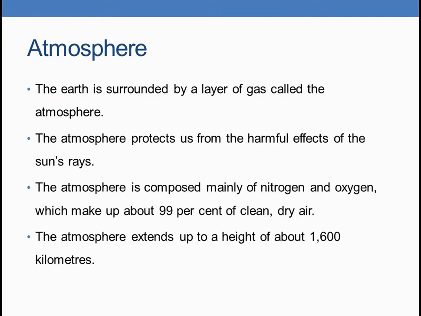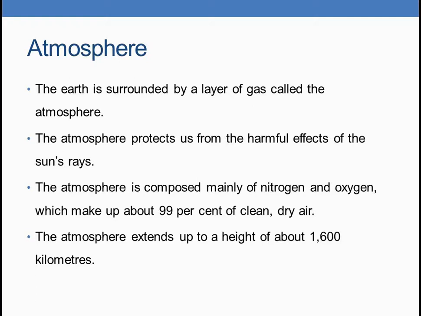At first, atmosphere. See, the earth is surrounded by a layer of gas called the atmosphere, and this thin layer of atmosphere protects us from the harmful effects of the sun's rays. The atmosphere is composed mainly of nitrogen and oxygen, which make up about 99% of clean and dry air.